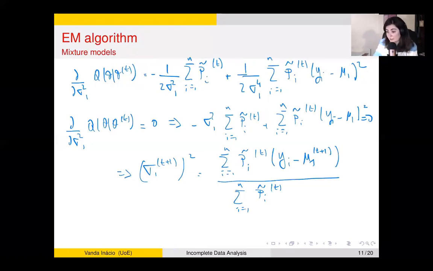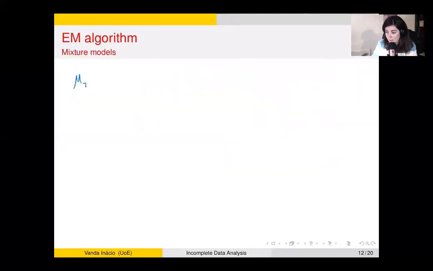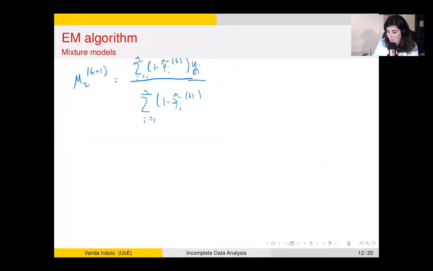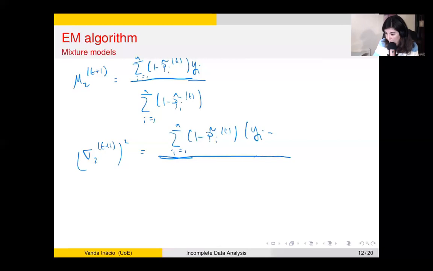And that's it. And you can easily see that the estimate at iteration t plus 1 for mu2 is, and for the variance of the second component it is, let me just check.